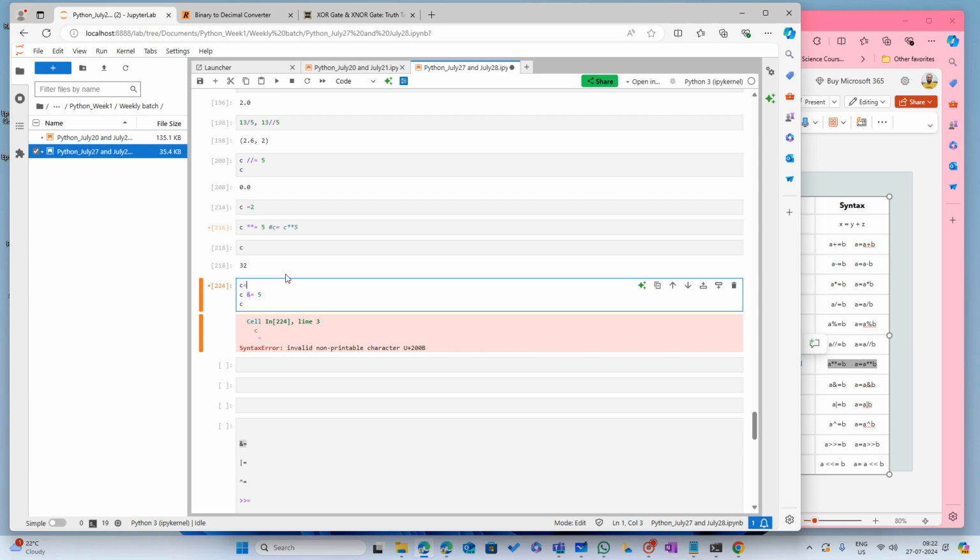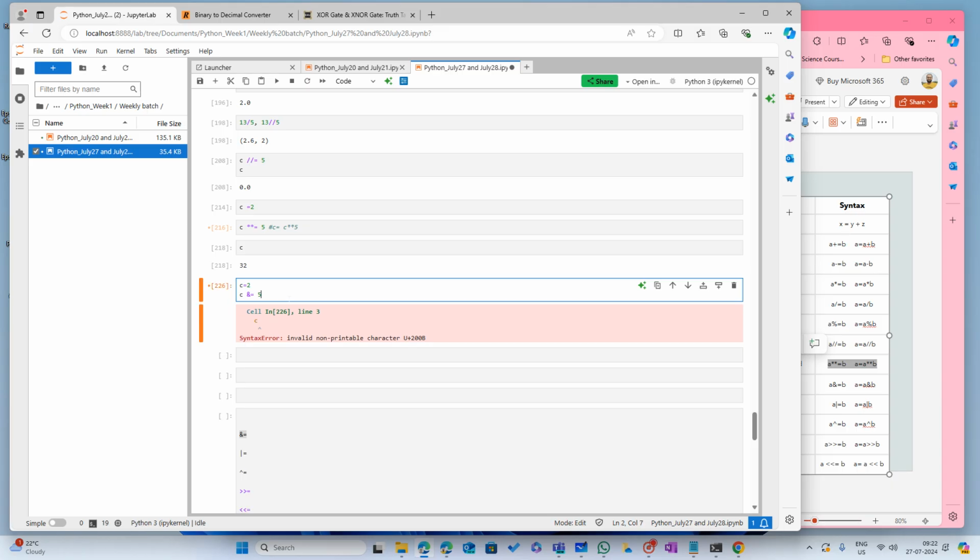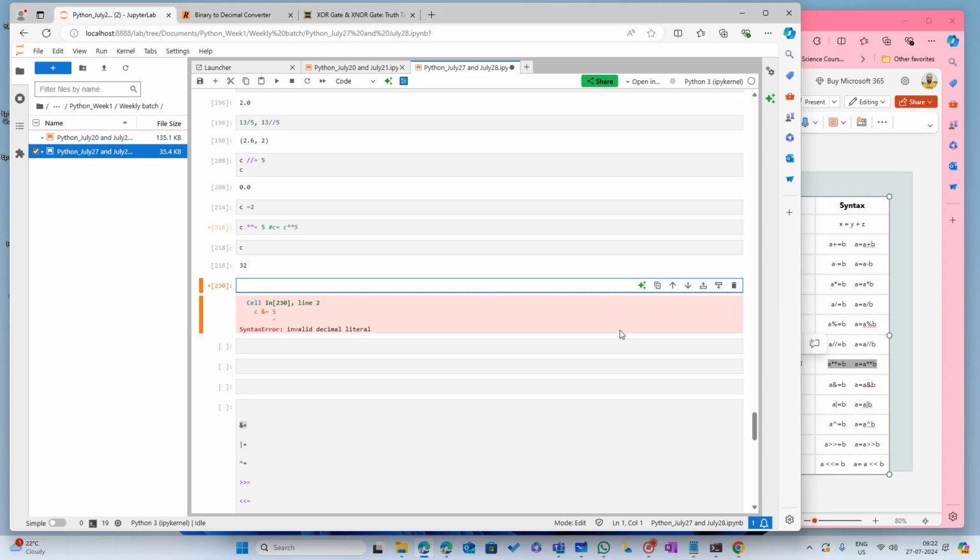So, I didn't add. Just some problem. C is equal to 2.